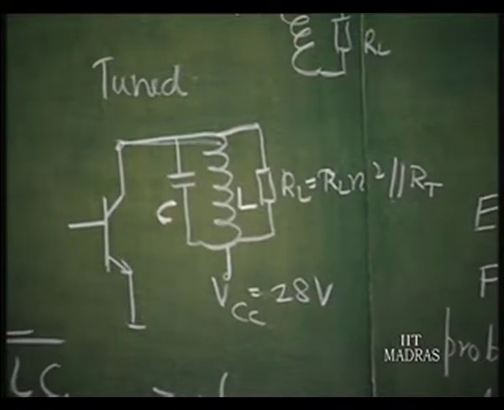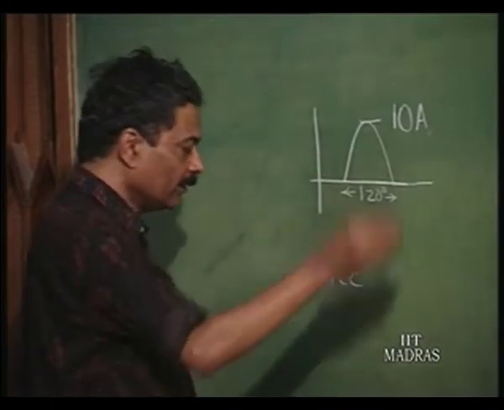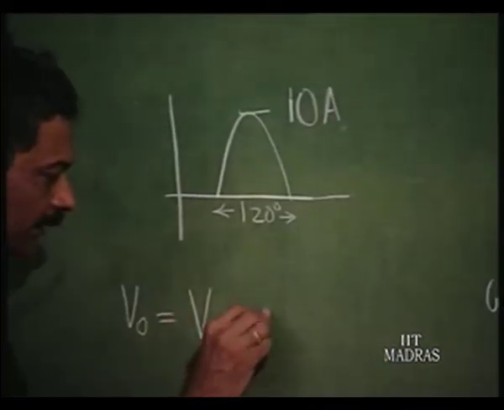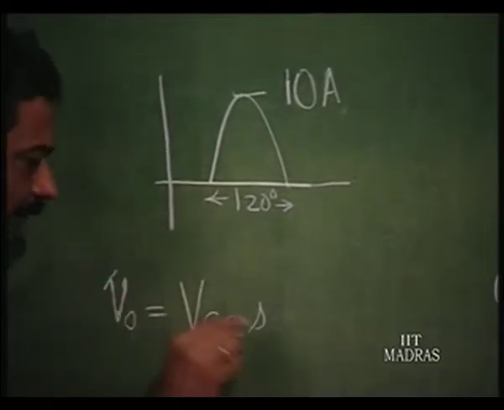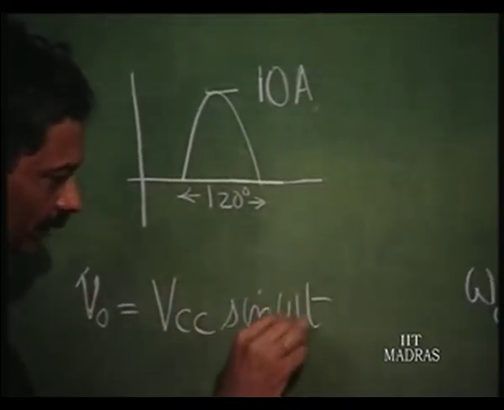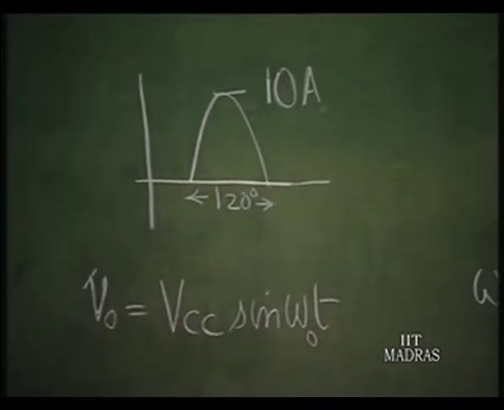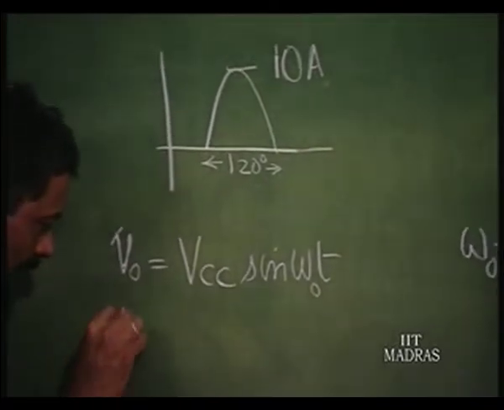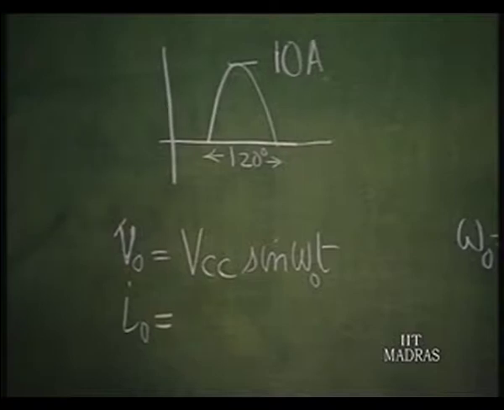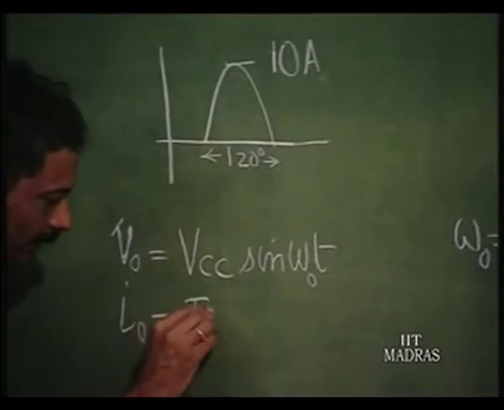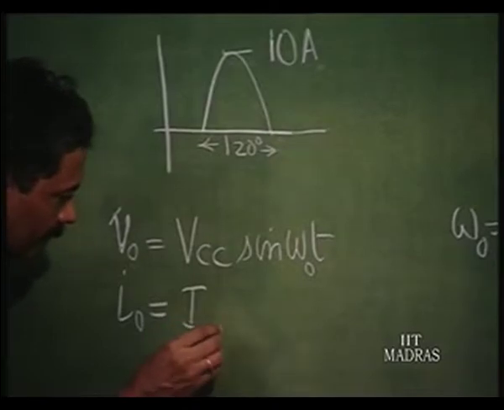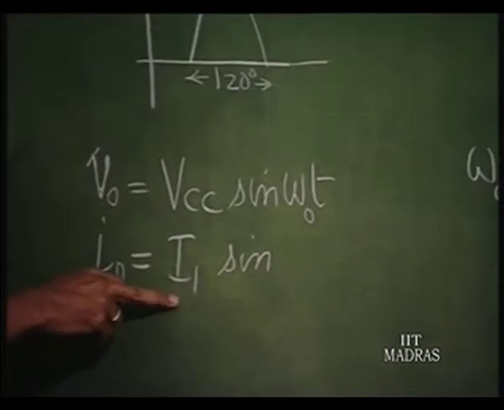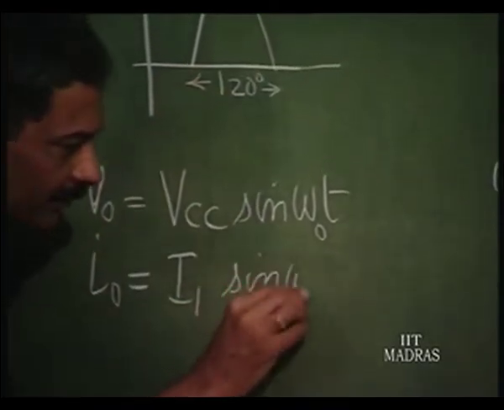So, the voltage swing at the output is going to be VCC sin omega naught t. And let us imagine that the current swing corresponding to the same frequency is going to be I, let us call this I1, indicating it is the fundamental frequency component that is going to be selected.